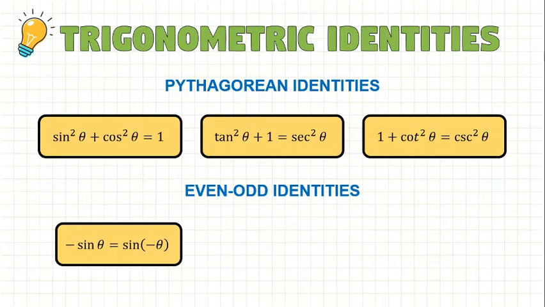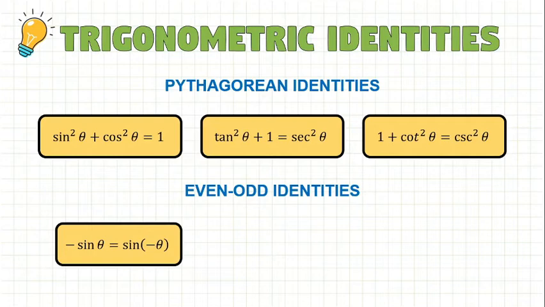You can see this through the graph of y equal to sine x. The sine function is an odd function. That's why we have this identity, negative sine theta equal to sine negative theta.